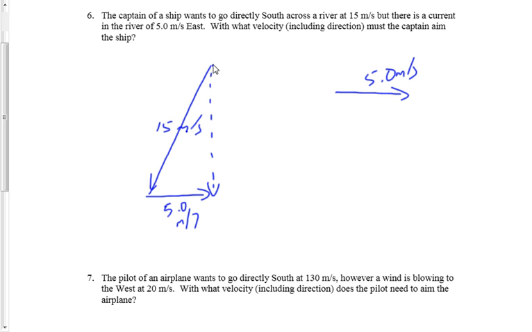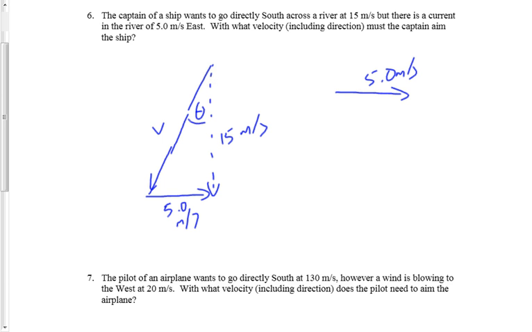Let's relabel that 15 so it doesn't get mixed up. That goes with the dotted line. The solid line is the one that I'm looking for, and the angle is right there. So remember where you want to go, dotted line, and then that dotted line vector has to be drawn front to front with some other vector. You guys can do the math on that one now.